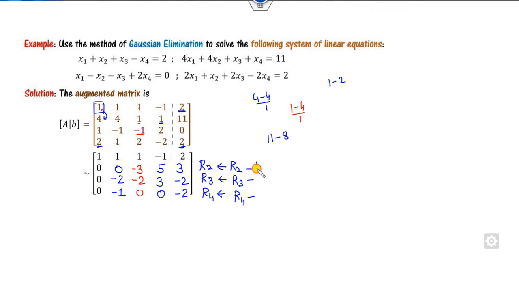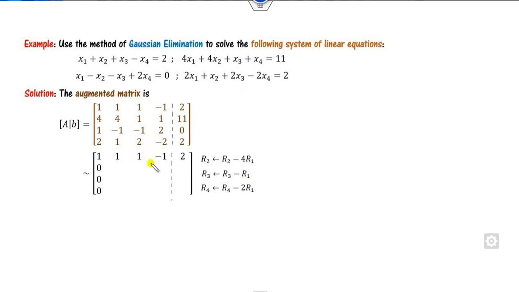R1 and R2 is 4 over 1. What is the opposite of this? 1 over 1. Opposite of this 2 over 1. And since the diagonal entries is my R1. Otherwise you can use these operations. You can use this operation like R2 minus 4 R1: 0, 4 minus 4 0, 1 minus 4 minus 3, and so on. You can complete this value.